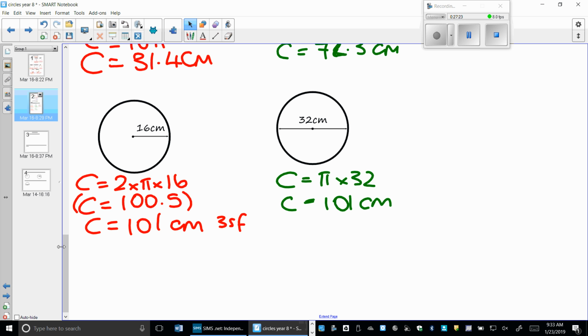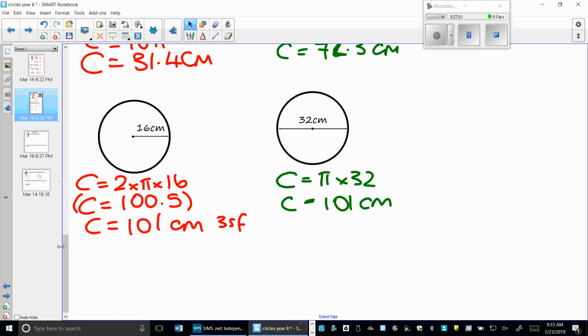But as some of you did spot, it was a bit confusing to start with. You saw that the final two answers were the same. Why were these two answers the same? Because this was 16 and this was 32, so 2 lots of 16 makes 32.